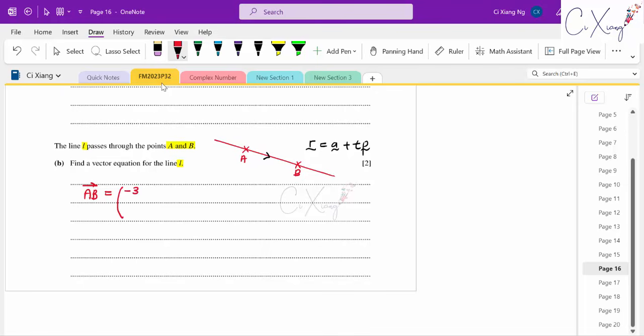AO will become -3, 1, and -2. And OB should be 1, 2, and -3. If we simplify from here, I'll get the value -2, 3, and also -5. Once I get the direction, which is the p here, then I can write out the vector equation for the line L.